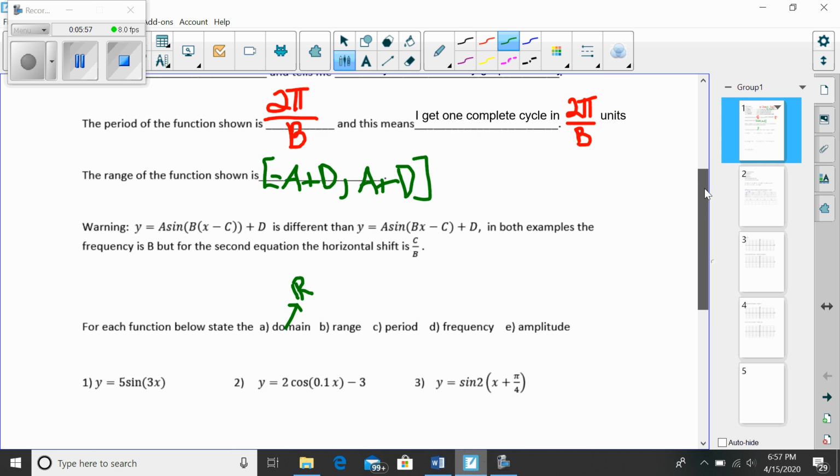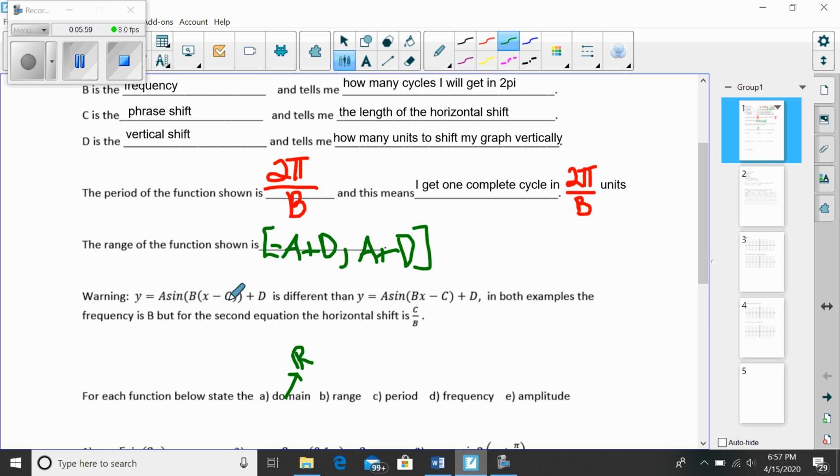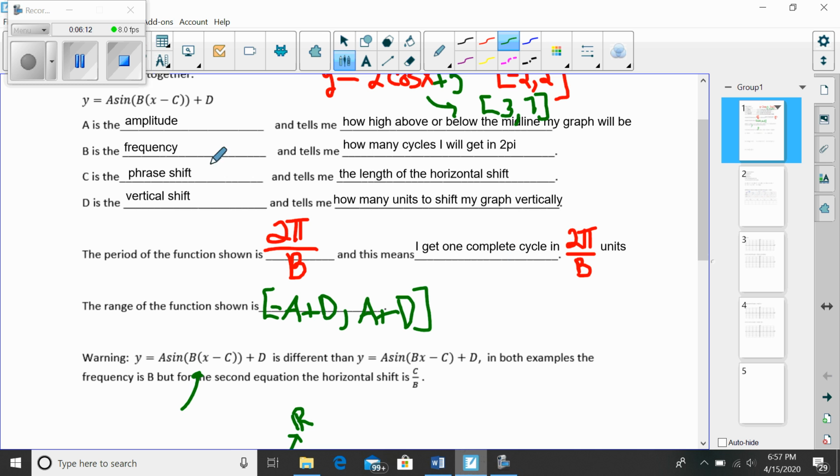A couple things of importance. Notice there is a difference between the use of parentheses here. I am going to write everything in this format so that we follow the directions that I just gave up here.